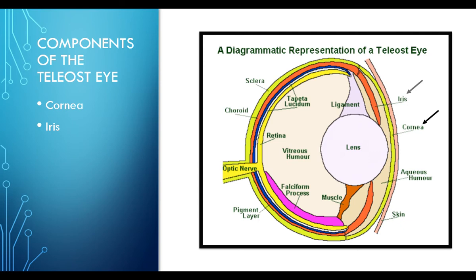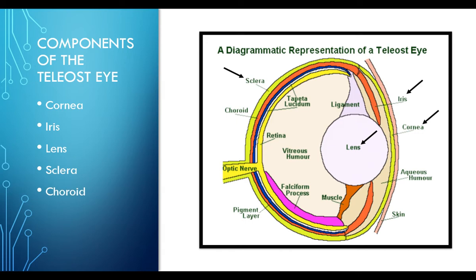Then the iris is right there, and it controls the amount of light entering the eye by adjusting the pupil, which is the black portion of your eye that you actually have in your own eyes. The lens focuses light on the retina. The sclera, right there, forms the outer layer of the eye to protect the inner structure.